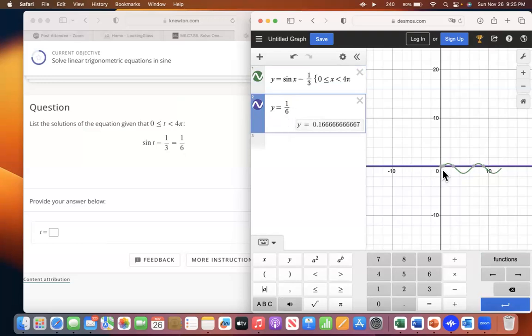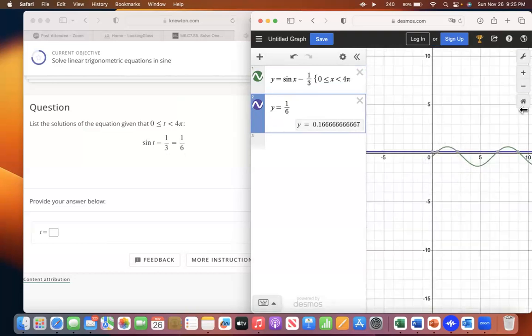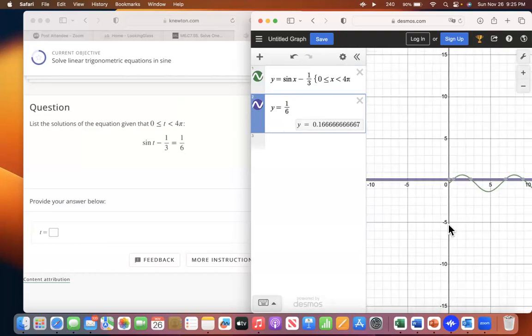So you might zoom in on your graph a little bit. Yeah, there you go. Just as long as you can see it. Sometimes it grabs X intercepts, so I would zoom in. I'd hit the home button there, the house, just to make sure you're actually getting the true intersection points. Okay. And that looks like it, you just gotta be careful.